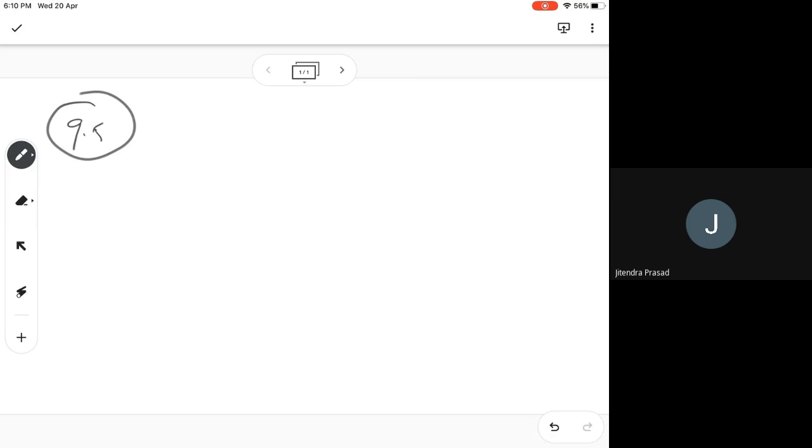Okay, so we will solve 9.5. What it says is that there is a triangle, something like this. We have a roller at the left end and then at the bottom as well, and then you have 3 meter.